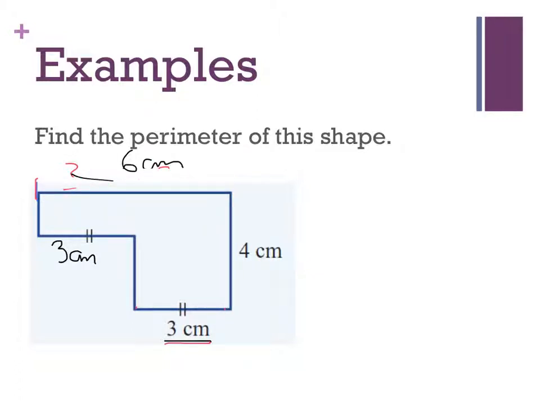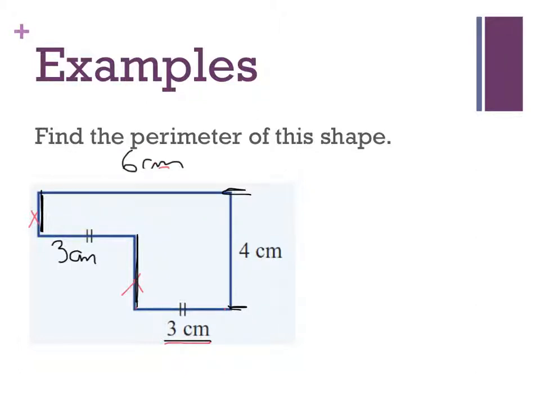Now, this is a little bit more tricky. How do I find out what this one here and this one here equal? Well, I can't find exactly what each equal, but I can do something else very interesting. I know that from here to here it's 4 centimetres, which must mean that that plus that is 4 centimetres.